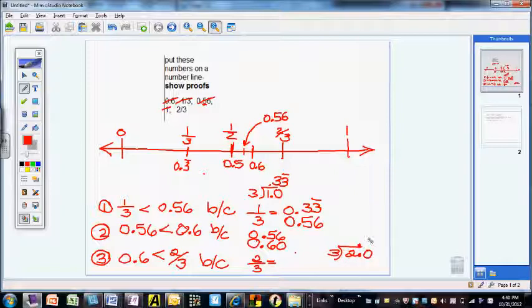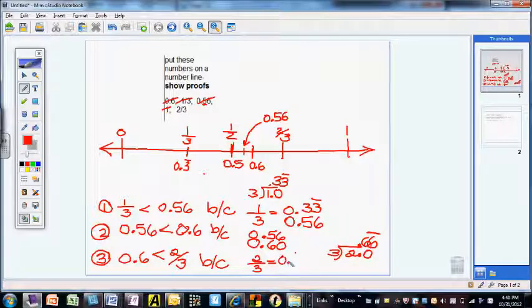Bring my decimal point straight up. 3 times 6 is 18. I would have 2 left over. Bring down the 0. So that's 3 into 20 again. 6. So 3 times 6 is 18. I was saying that wrong before. Forgive me. And there would be the repeating decimal.